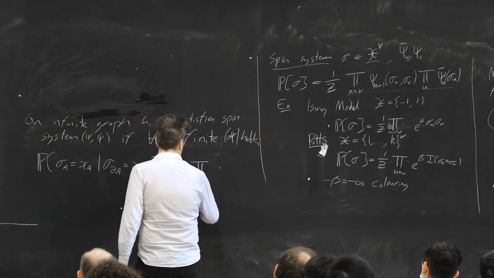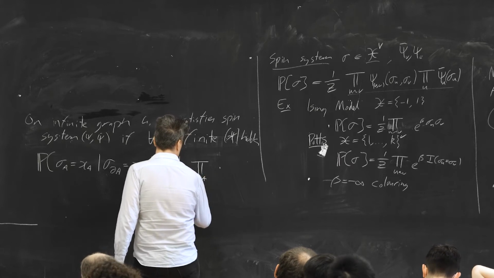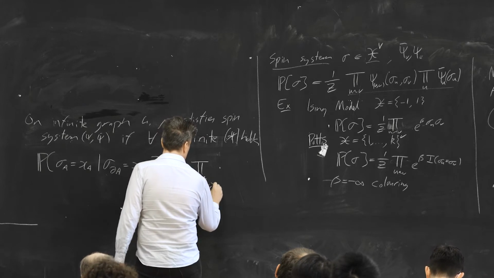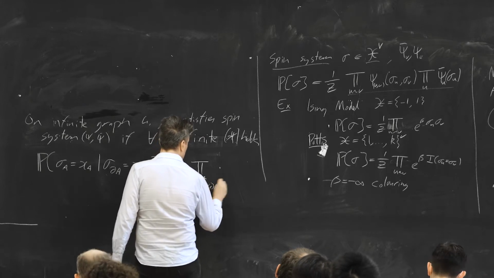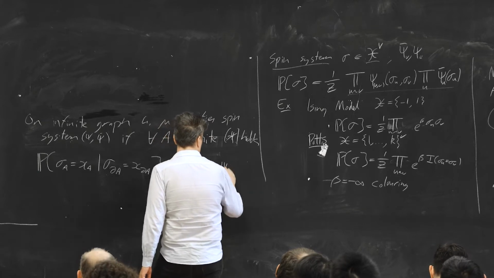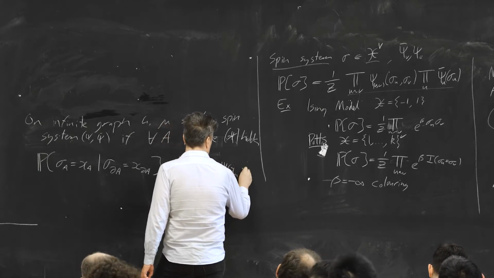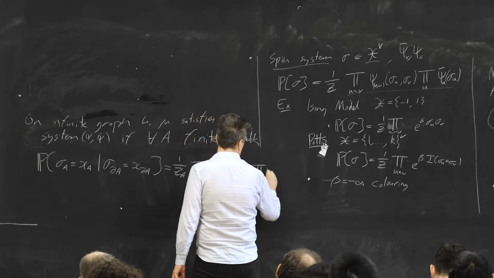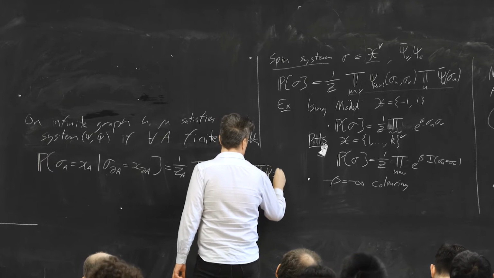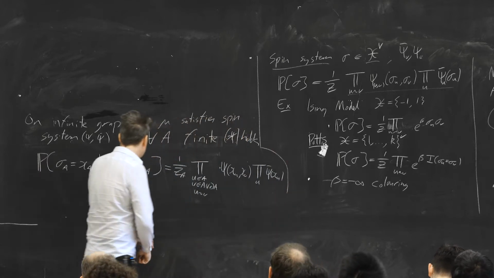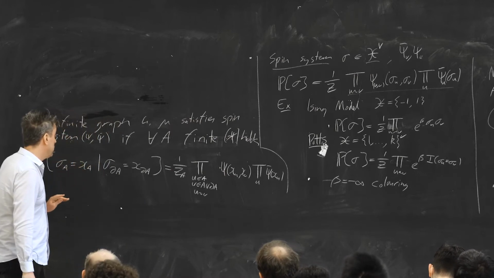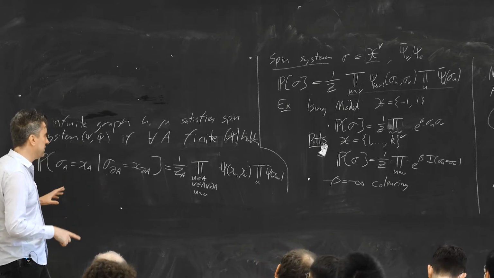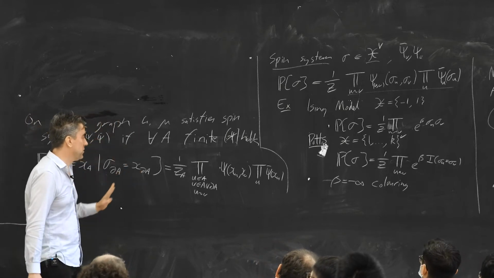Okay, so within each local neighborhood, once we fix the boundary, it looks like the coloring model or the Ising model.